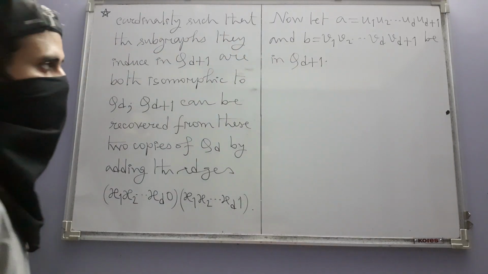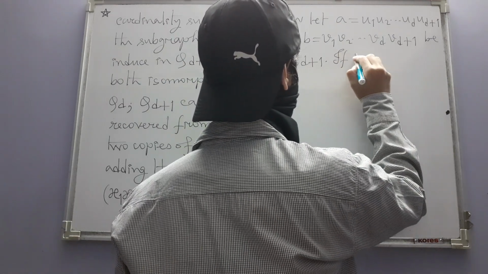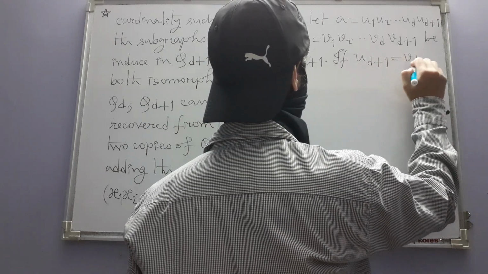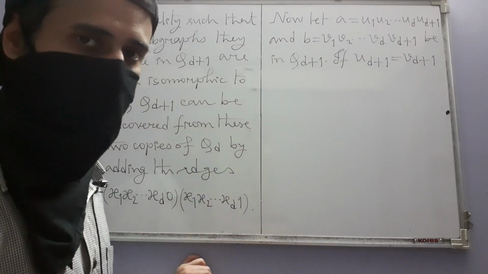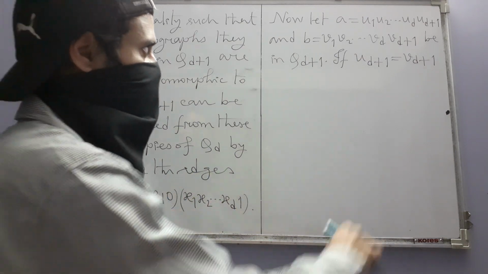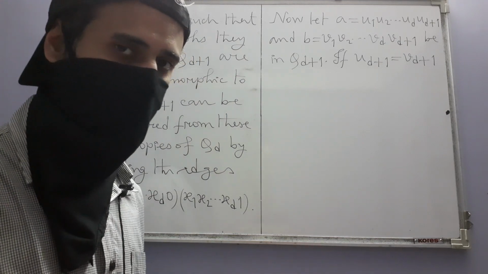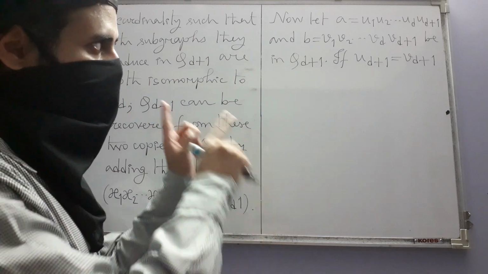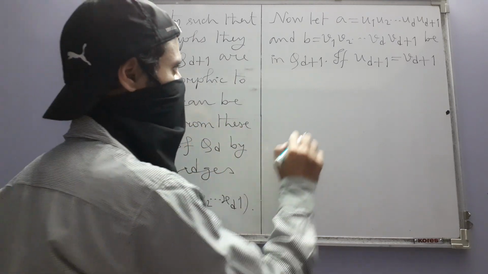Now case 1. If UD plus 1 is equal to VD plus 1, then what? Then from that construction we know that both A and B either belong to the lower level, that means in one copy of QD, or in the upper level, that is in another copy of QD.